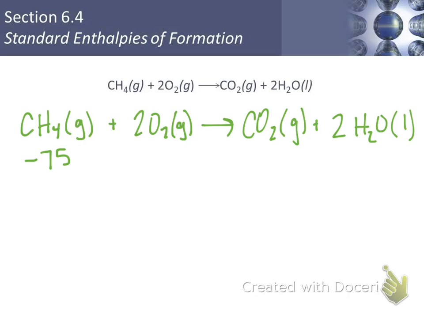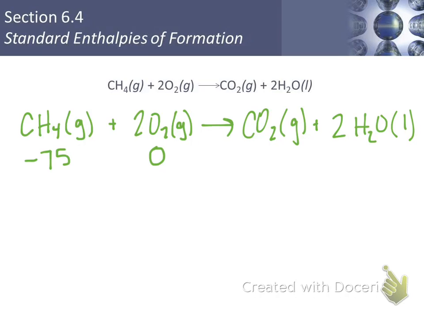There are lots of ways you can do this. Your book does not show you to do it this way, but this is how I find it easiest. For O2, let's find O2. What's O2 gas? 0. And let's look at H2 just for fun. It's not in our compound. H2 gas is 0.